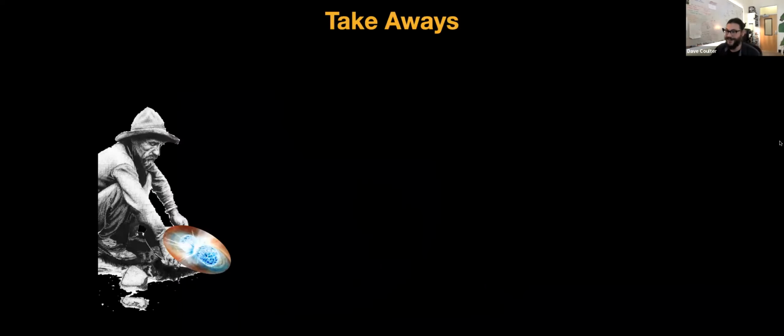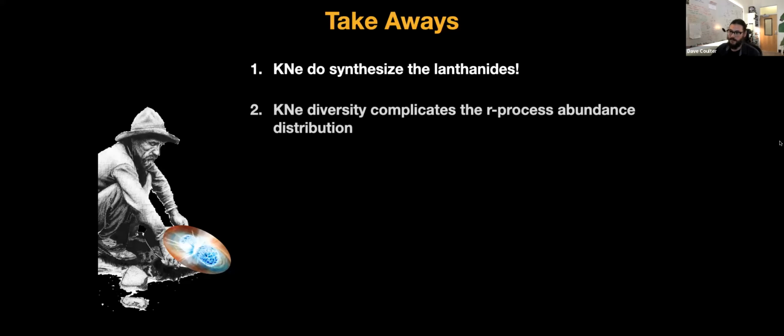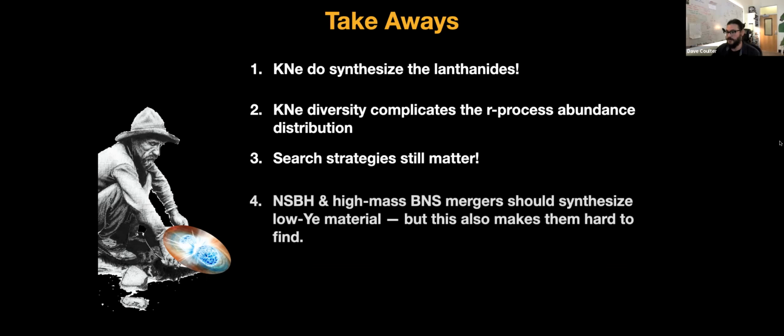So to close, kilonovae do synthesize lanthanides. We saw that from fitting the light curves of SSS17A, but the diversity of kilonovae does complicate this average calculation that I did. Search strategies still matter, and this is evidenced by the fact that if we had early time observations of the blue component, we could have ruled out certain models.